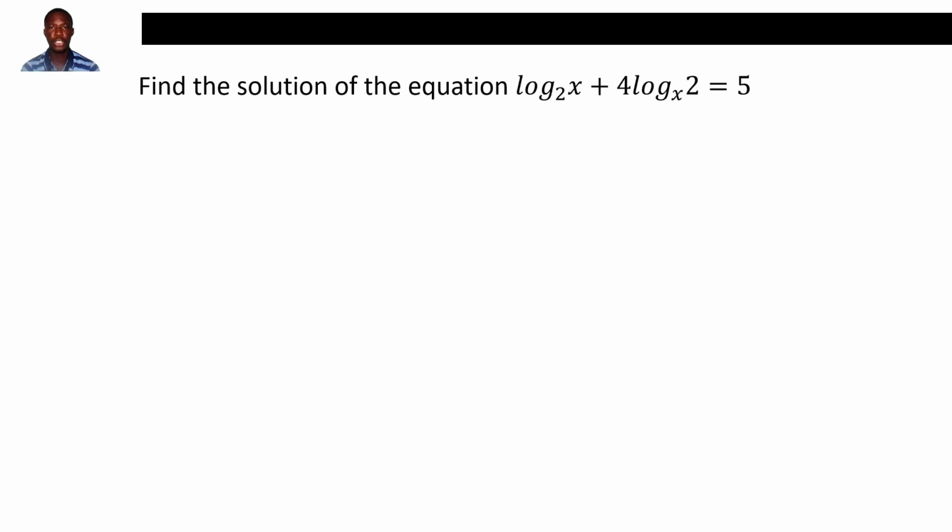Find the solution of the equation log to the base 2 of x plus 4 log to the base x of 2 is equal to 5. Okay, so let's solve our solution.